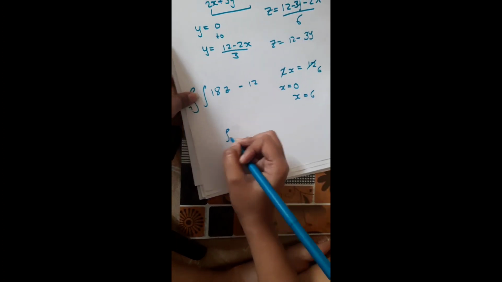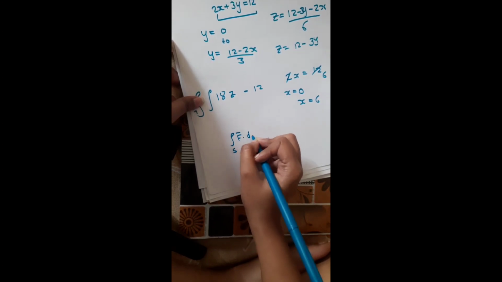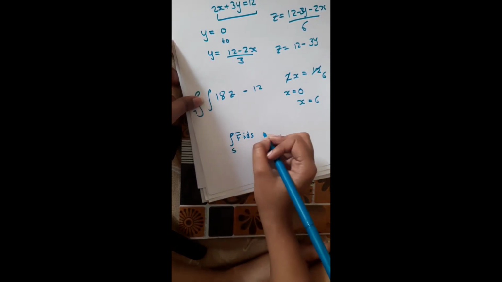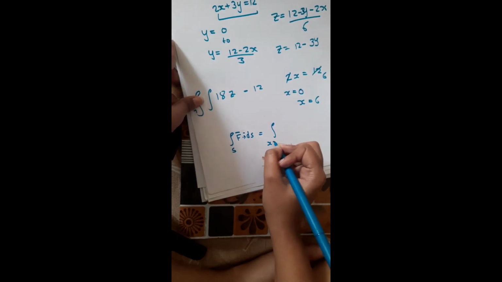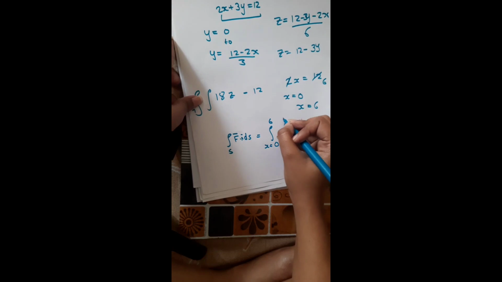So I'll write the integration of F bar dot n bar dS as x equals 0 to 6, and y from 0 to 12 minus 2x by 3.